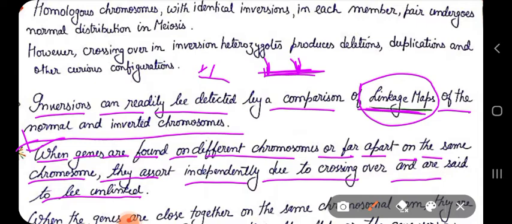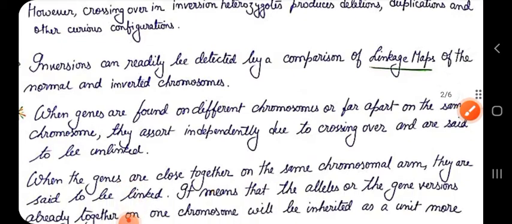But if genes are found on different chromosomes, or if the genes are placed far apart on the same chromosome, these genes will assort independently, they will segregate independently due to crossing over, and are said to be unlinked.